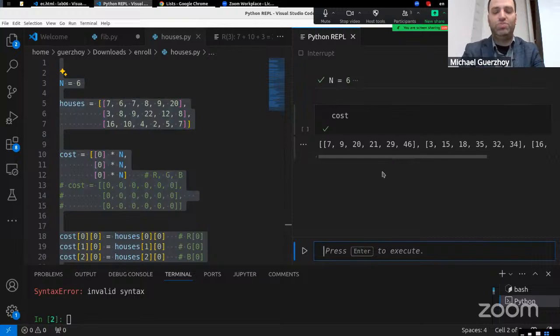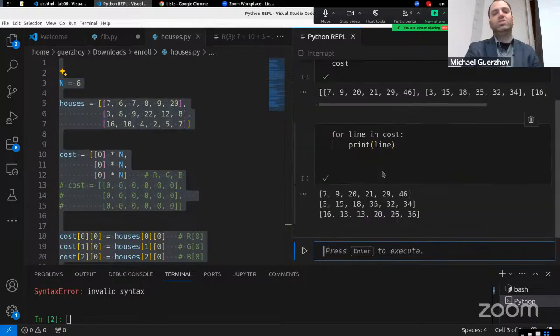Let me just print the costs line by line. So the costs look like this, right? So this is just the cost. So this is R, G, and B.